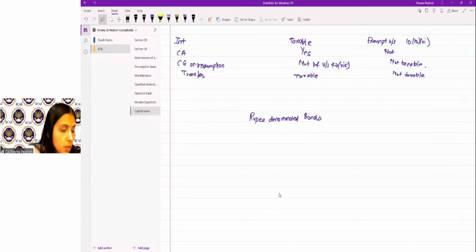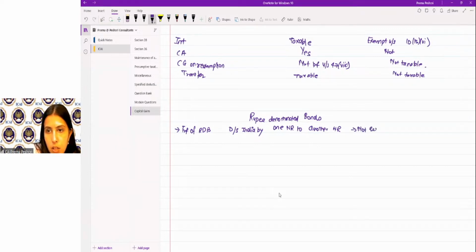Transfer of rupee denominated bonds outside India by one non-resident to another non-resident is not regarded as transfer under section 47(7)(a). Are we clear? So that is not regarded as transfer under 47(7)(a). Clear?